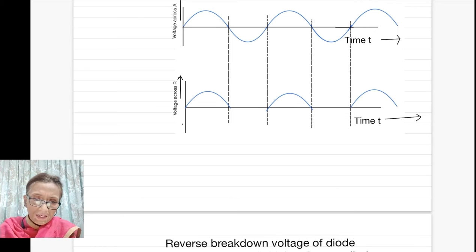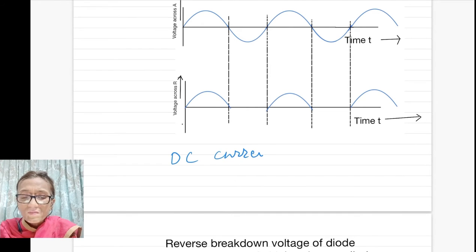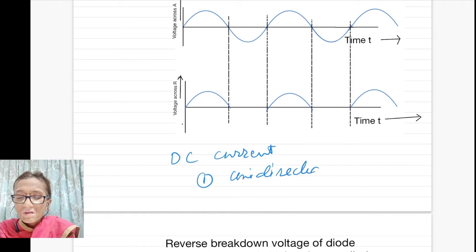As you know, DC has two characteristics. The first characteristic is that it should be unidirectional. And second, it should be of steady value.